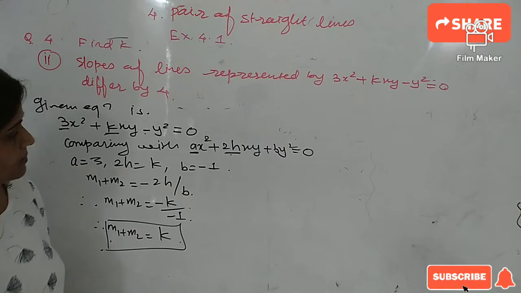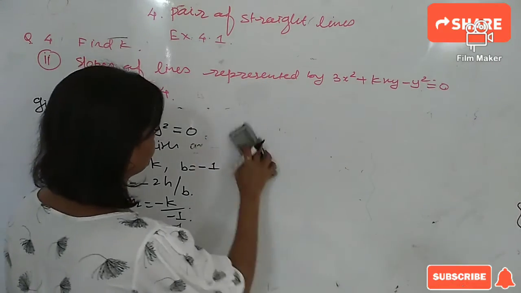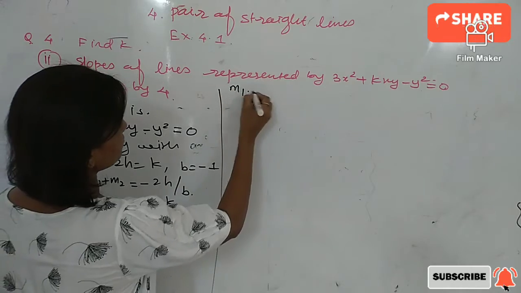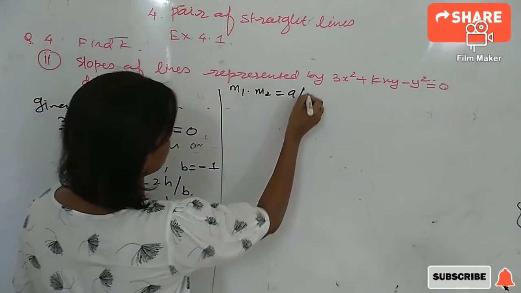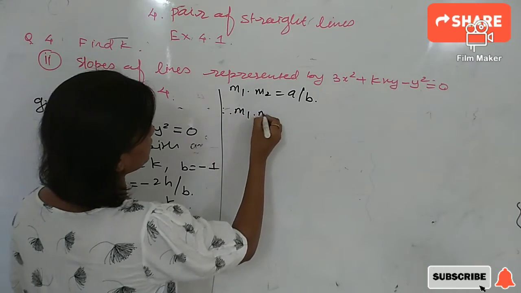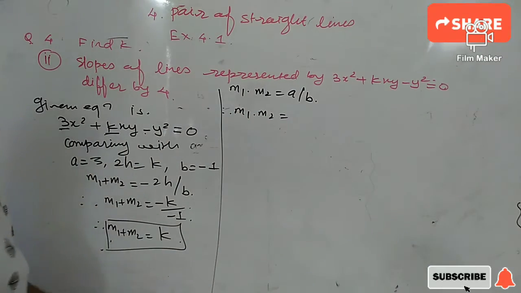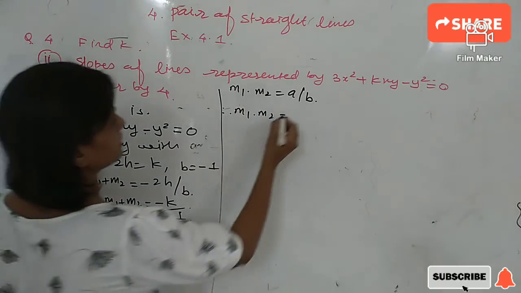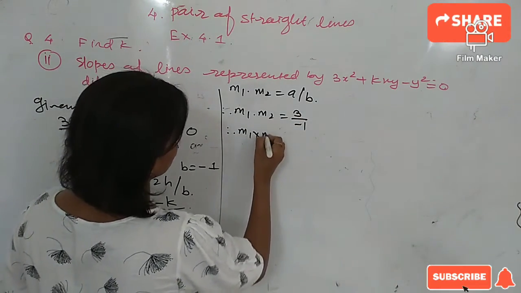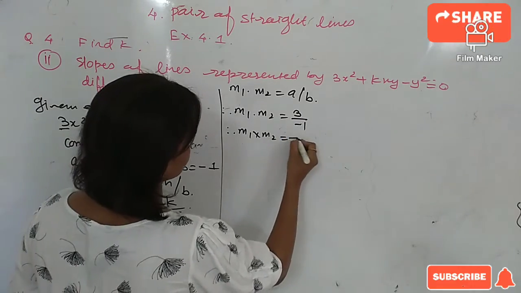And similarly, the product of slopes, m1 into m2, the formula is a upon b. A is 3 and b is minus 1. So m1 into m2, this product is minus 3.